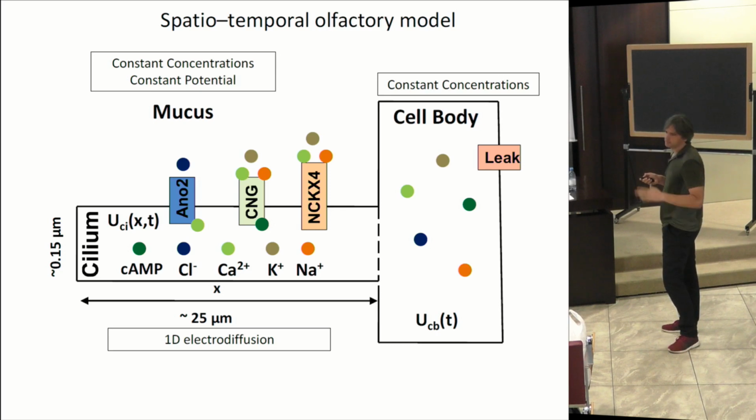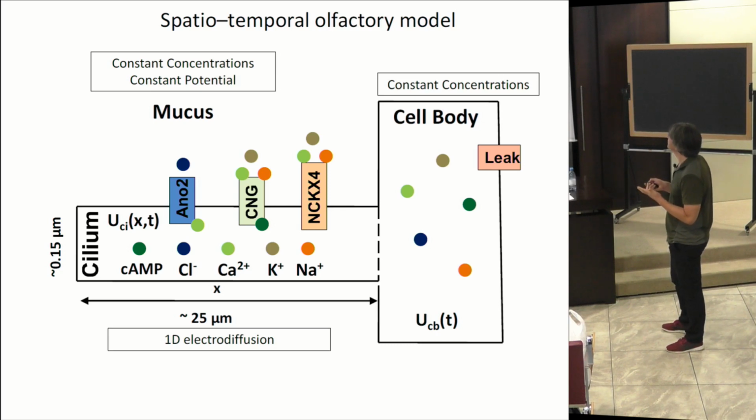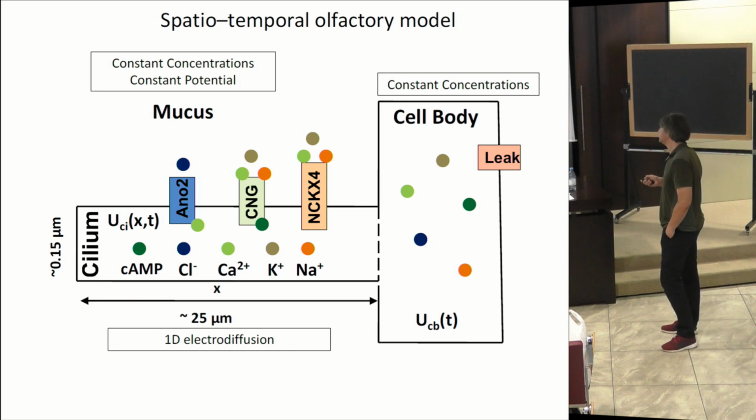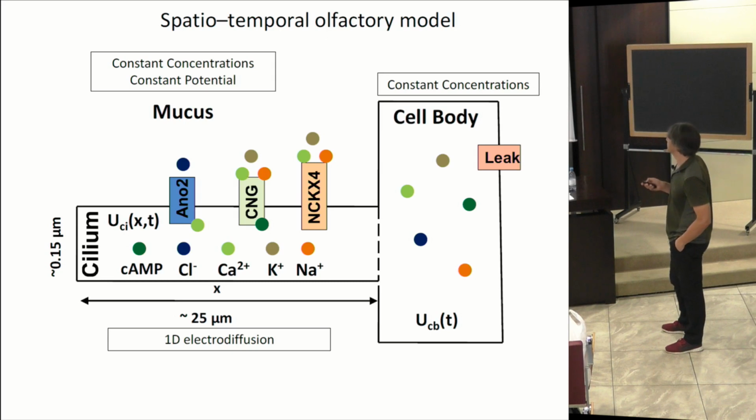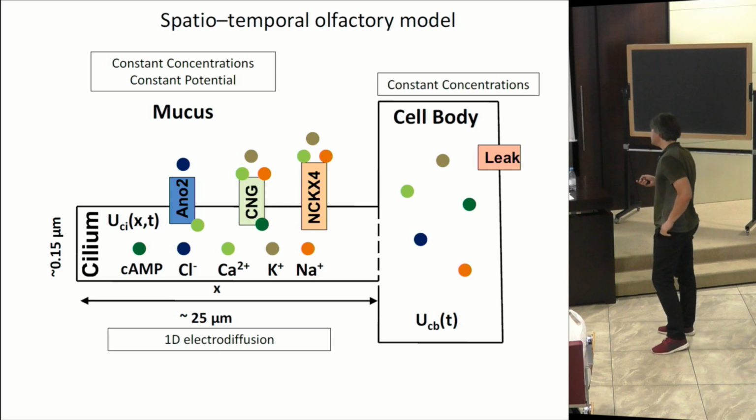Because you want to study the difference between sodium and chloride, you have to have at least these 3. But you will see potassium also plays an important role, although there are no channels for potassium there. Then of course you need the 2 types of channels, the CNG channel and the NO2 channel, and you need an exchanger: the sodium potassium calcium exchanger.